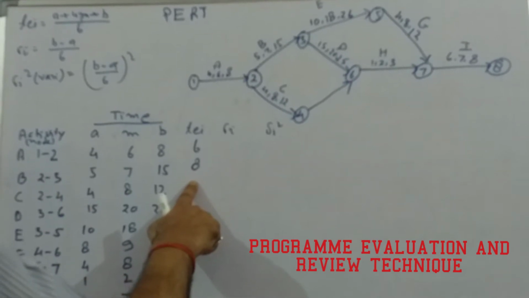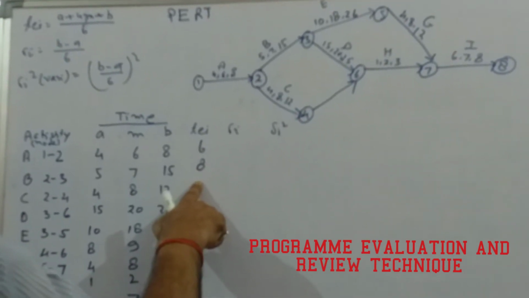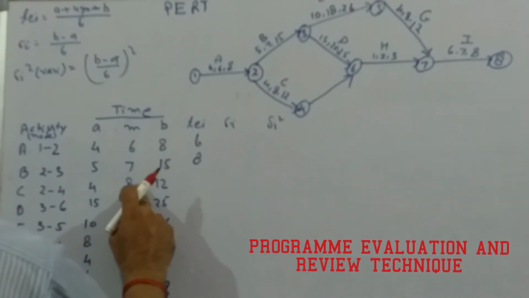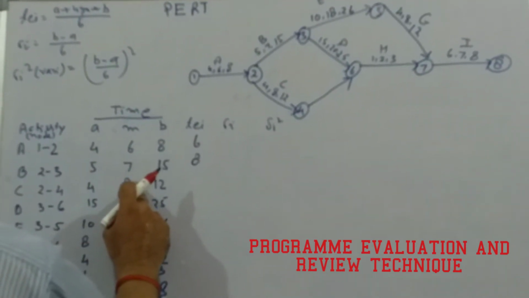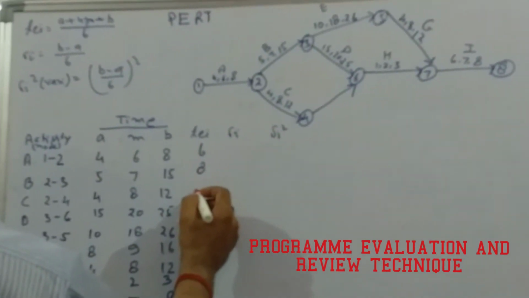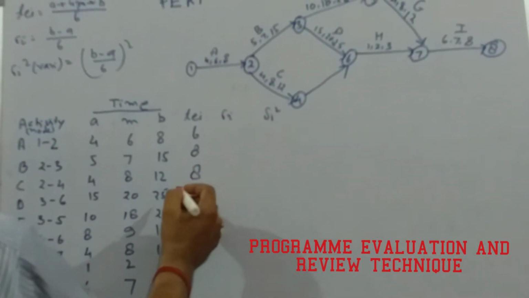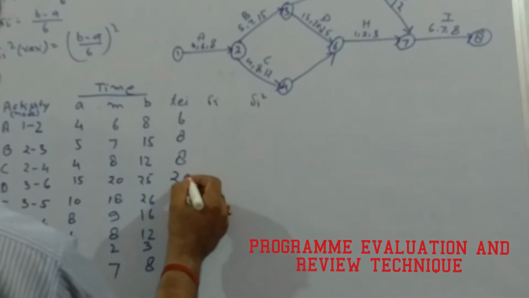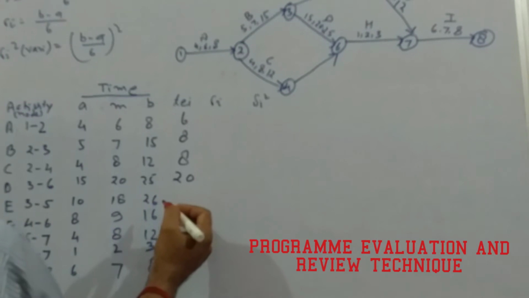In the same fashion, for the other activities, here it comes out to be 8 fours are 32, plus 8 is 40, 48, plus 4, that is 52, plus 2, 54, 64. So here 8 eights are 64, and in this fashion we can calculate for all the activities.